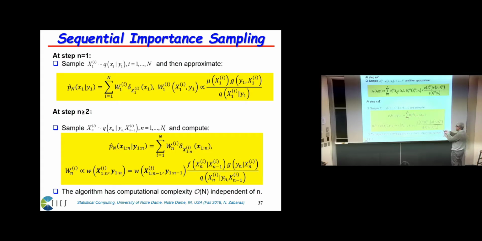To compute this, you're using the weights from the previous time, updating them with this factor, and all the sample paths up to time n minus 1 are fixed from before. The only thing you have to do is add this path at time n, which is given by that, and that's it. That's the algorithm. So if you're going to write a computer program, basically this is how it's going to look.